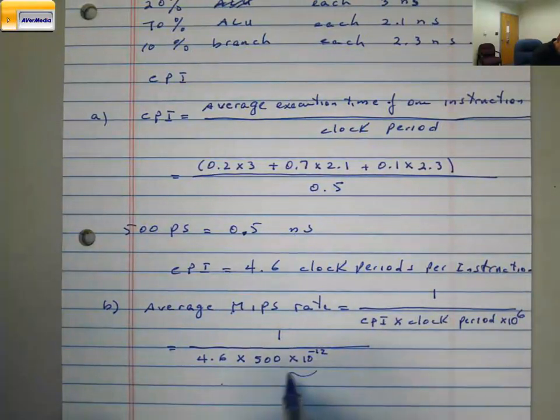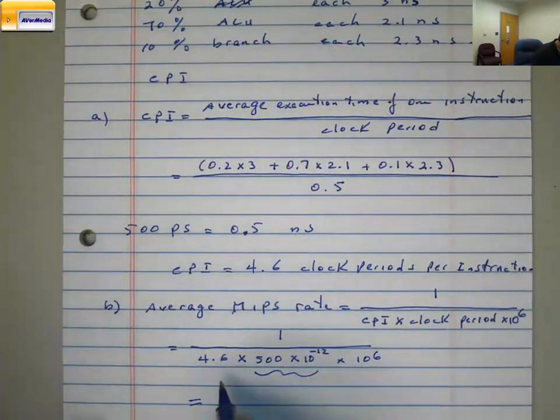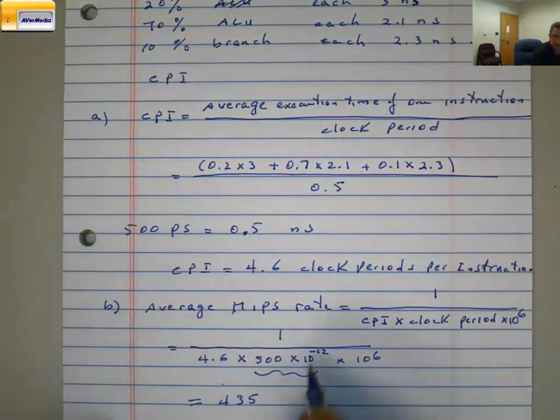This is the clock period, times 10 to the power of 6. And this comes to 435 MIPS.